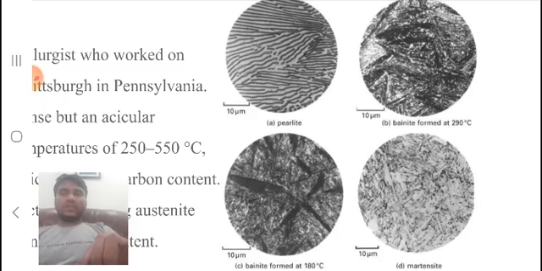So how do we eliminate the retained austenite? To eliminate it, we need to do further heat treatment processes.